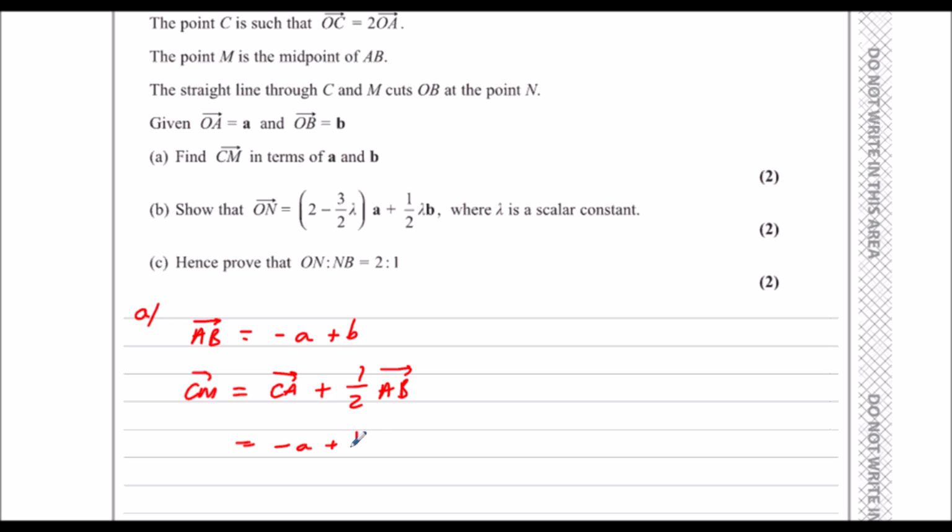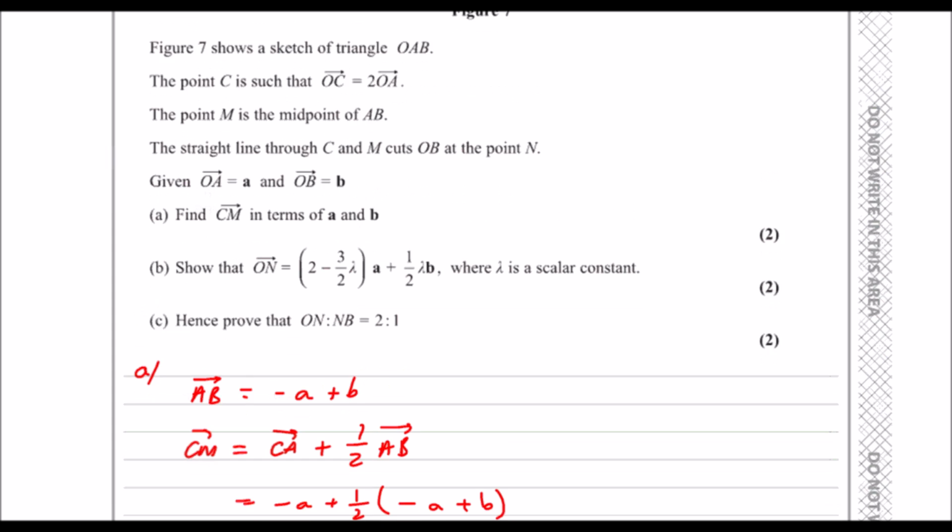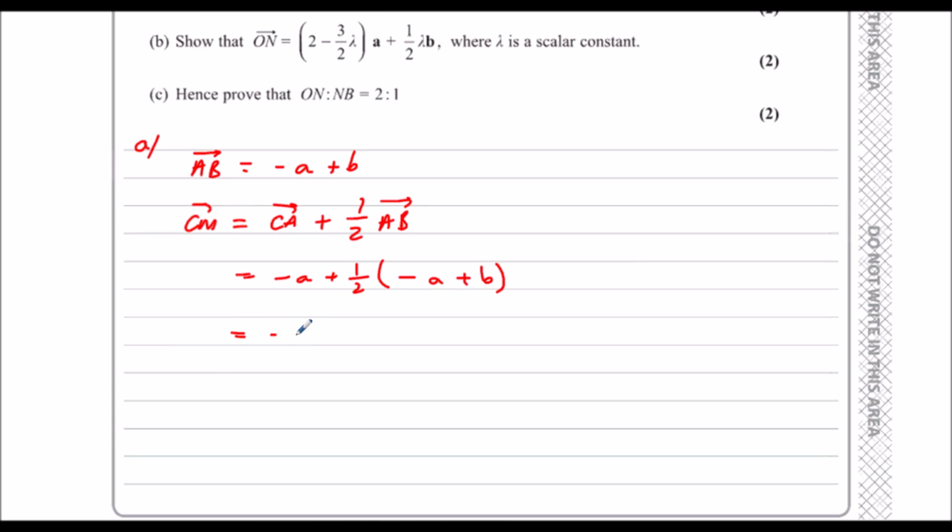And we've got half of A to B, which is minus a plus b. So we have minus a minus a half a plus half a b. So minus 1 minus another half is minus 1.5, or minus 3 over 2. So minus 3 over 2 a plus half of a b.